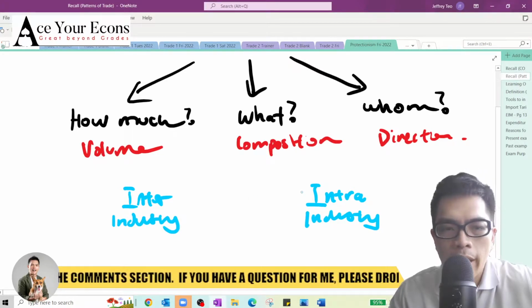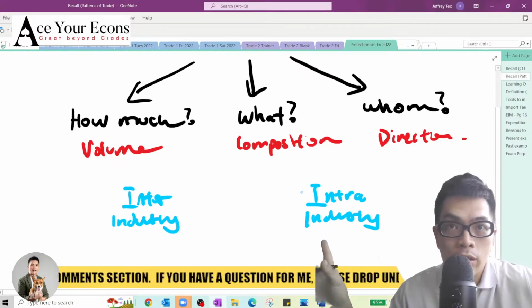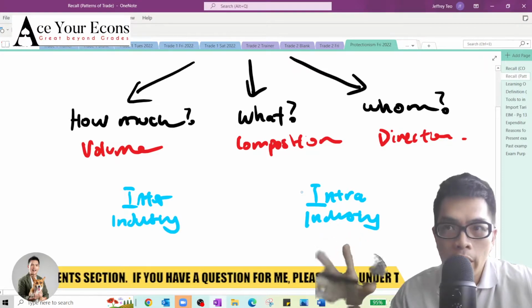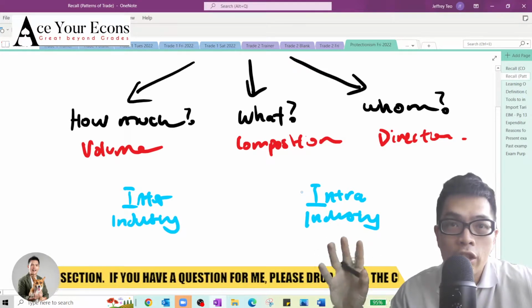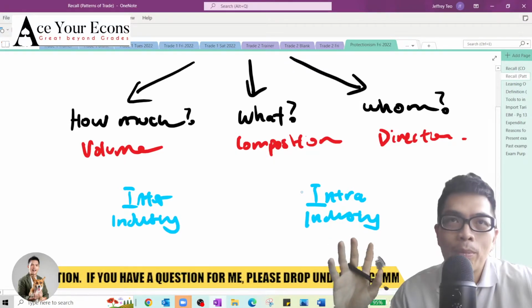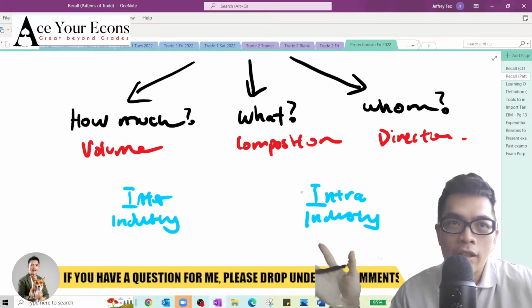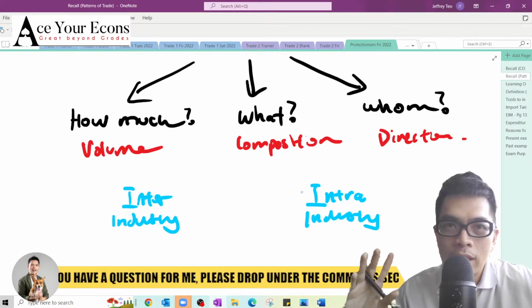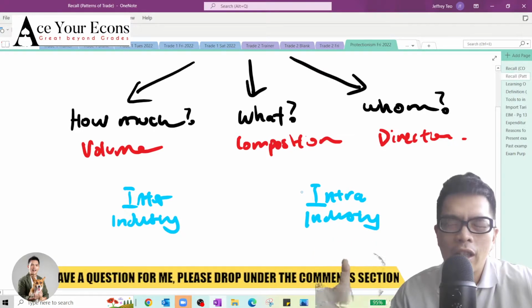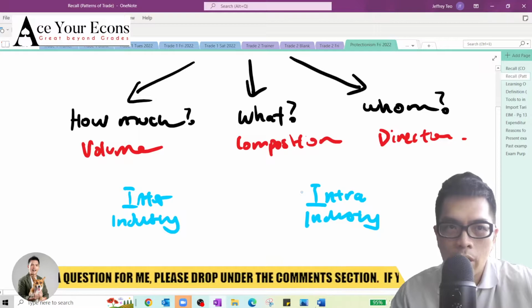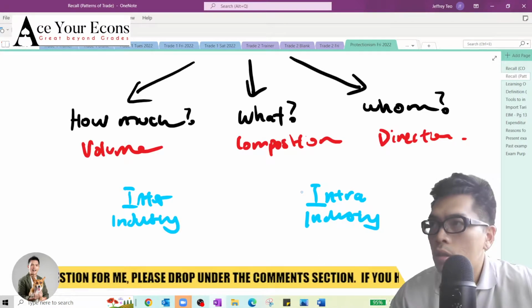Inter-industry is looking at trade between different industries. Intra-industry is differentiated industries. Are you familiar with the concept of different and differentiated? Different means different goods. Differentiated means similar goods, same industries.